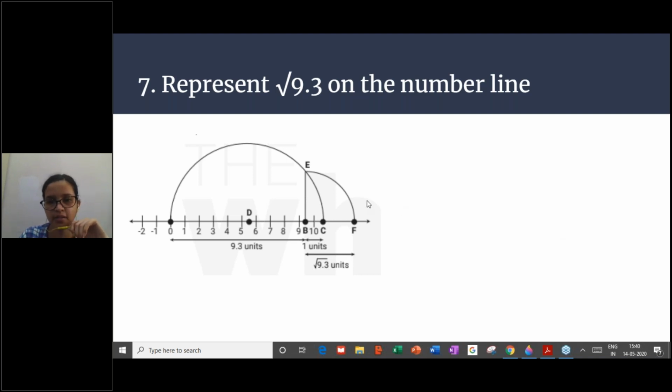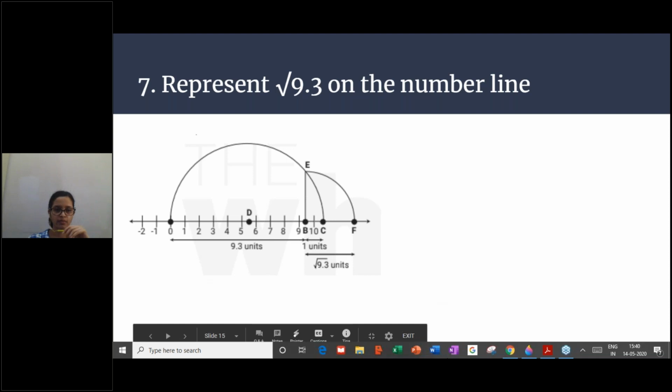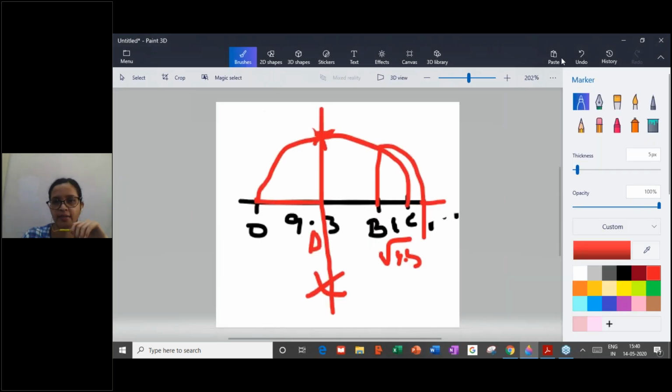Shakti, hi. Ma'am? You had a question? Yeah, can you hear me? Yes, yes. I didn't understand what radius you used in both situations, in the beginning and in the end. Okay, I'll just show it on Paint once more. I think you'll be able to understand.